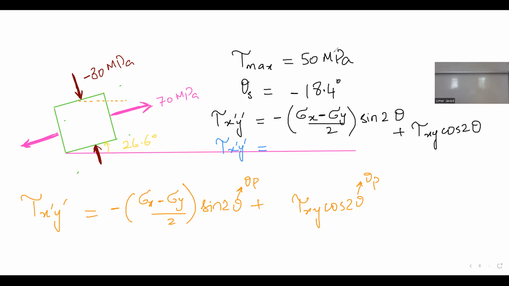So, find the theta s. The theta s equation gives 2 theta s equal to something over sigma x minus sigma y. So we are using the given values, not the one that we have found. We are using the given quantities.